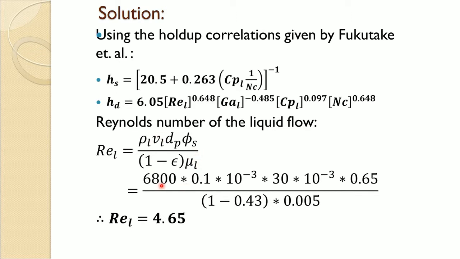Density is given, superficial velocity is given 0.1, particle size is given 30, the shape factor is 0.65, void fraction 0.43, and viscosity is 5 into 10 to the power minus 3. So, the Reynolds number of the liquid is of the order of 4.65, which is quite low, and so it seems to be a laminar regime.